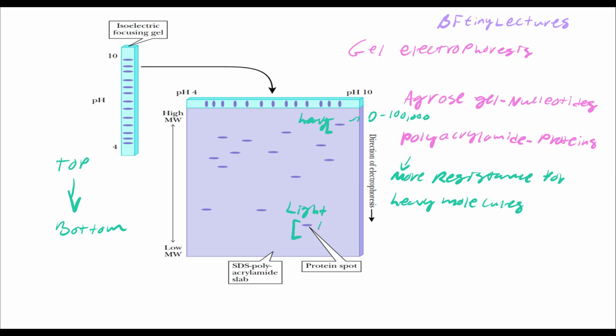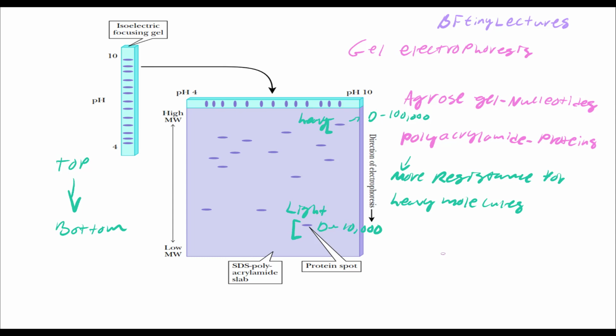And this one has a Dalton of about 10,000, okay? So you can see that within the polyacrylamide gel, the heavier proteins are actually further up, meaning they didn't move too far, okay? But the smaller proteins moved quickly downwards, okay?